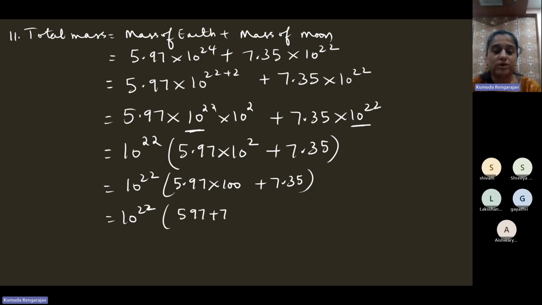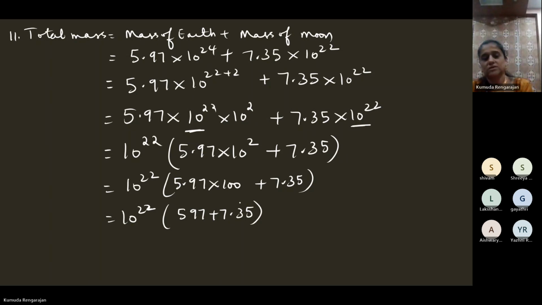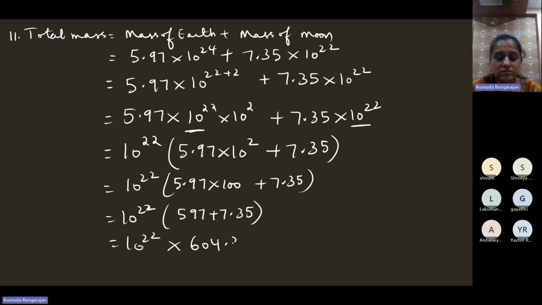5.97 into 100 is 597 plus 7.35. So 10 to the power 22 into 604.35.